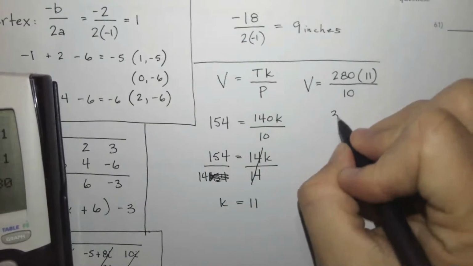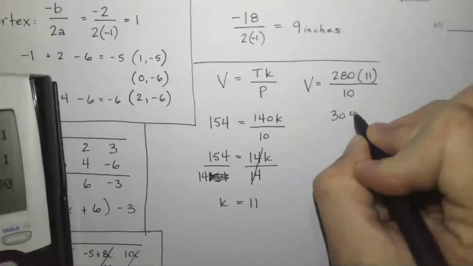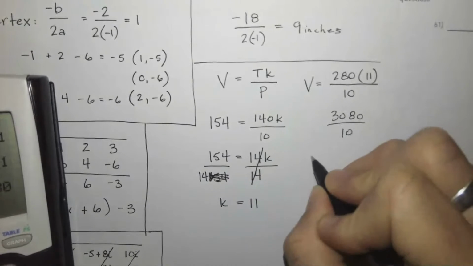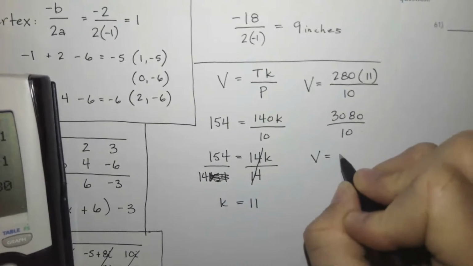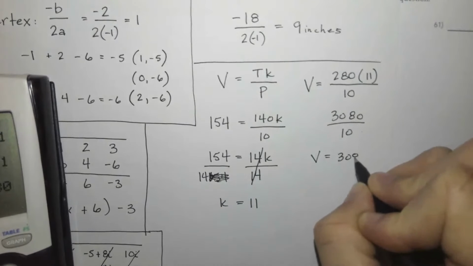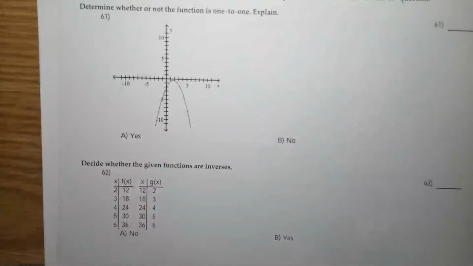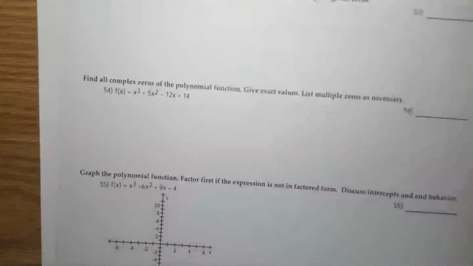That gives me 1080. And then we're dividing that by 10. So the volume is 308. And that's your answer on that one. I think that's all we were asked for. Yep, that's it.